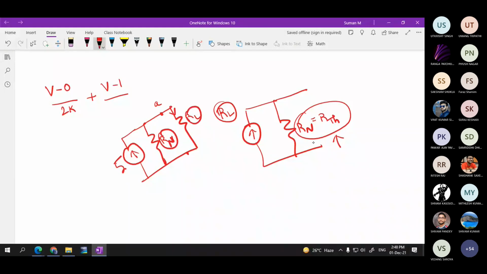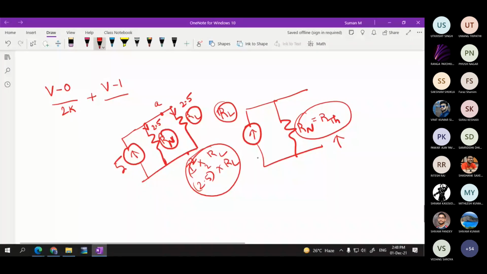If the two resistance values are same, obviously 2.5 ampere is going to flow through this path and 2.5 ampere is going to flow through this path. Then the power consumed in this is I square into R. You can directly find it as 2.5 square into RL. So this is the way you can find through Norton theorem for the maximum power transfer theorem purpose.